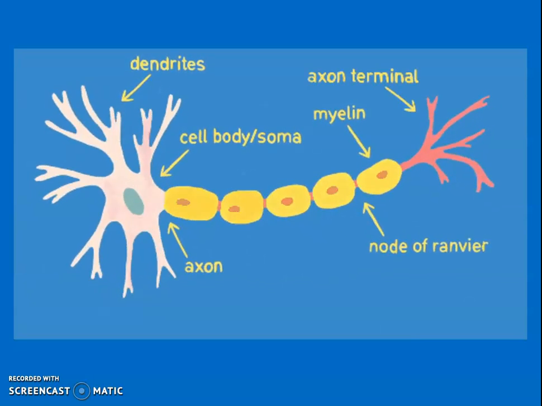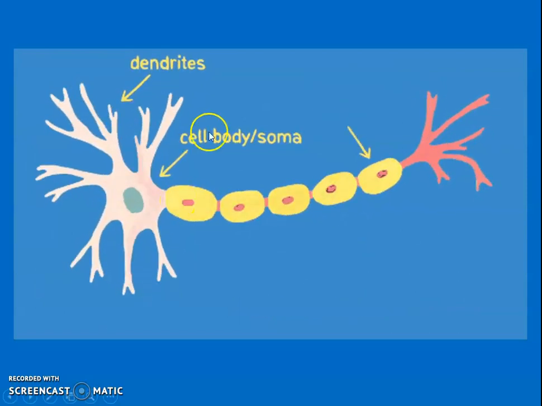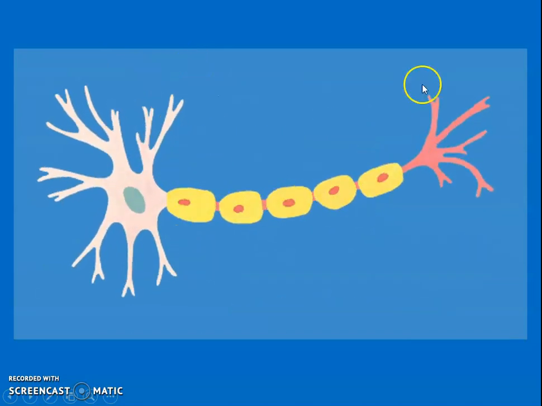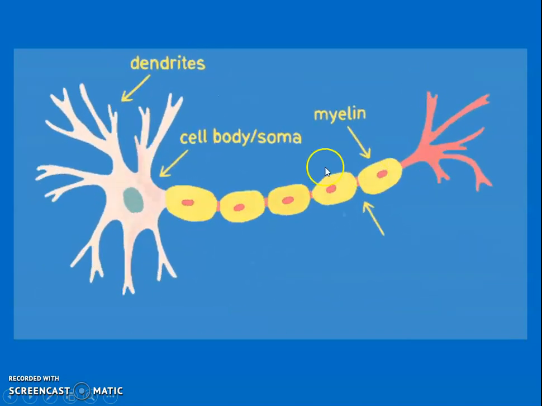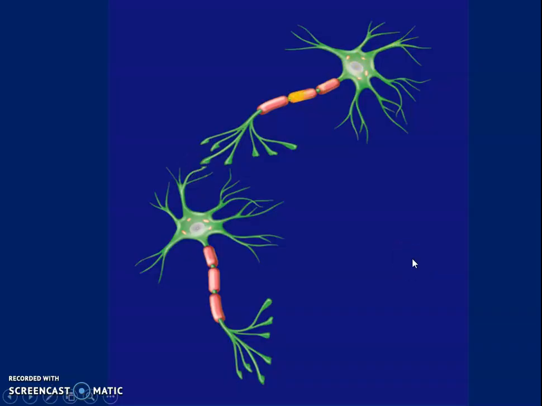This is a schematic representation of a neuron. All the components of the neuron are listed here: dendrite, axon, axon terminal, cell body, etc. This is another representation of a neuron. This diagram indicates how the neuron transmits the signal from one neuron to another.